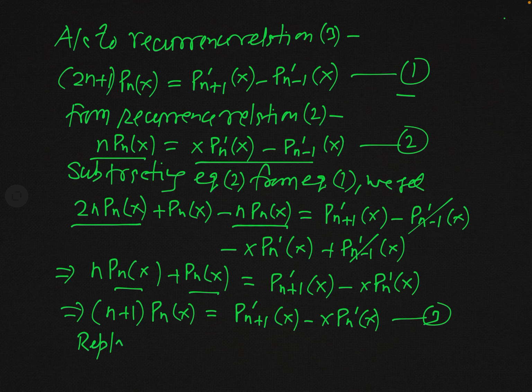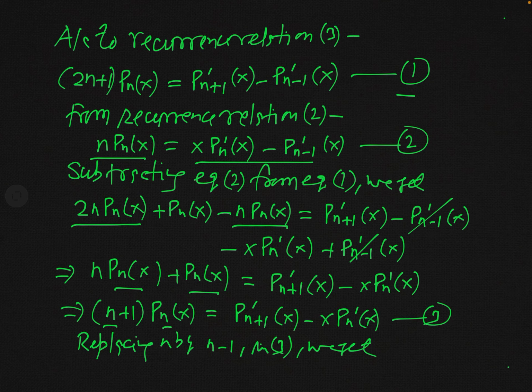So replacing n by n minus 1 in equation 3, you can see when you replace this n by n minus 1, that will be n minus 1 plus 1, and here will be n minus 1.